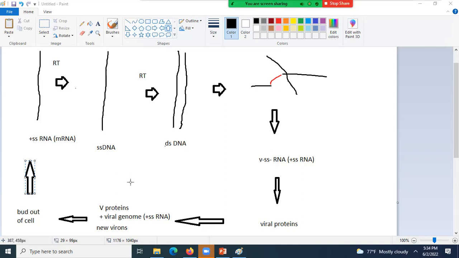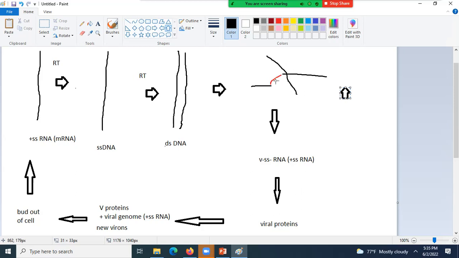The second way a retrovirus can replicate is this cell containing the viral genome in the host chromosome. This cell can replicate. And if this cell replicates, then we'll get two cells with the copy of the retrovirus integrated into the genome of the cell.